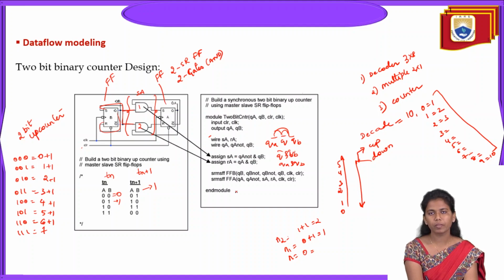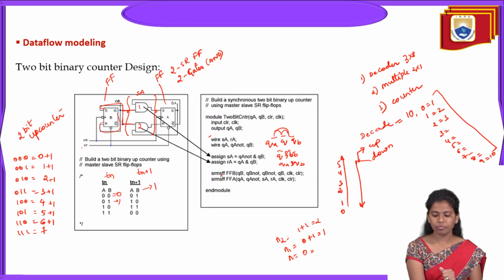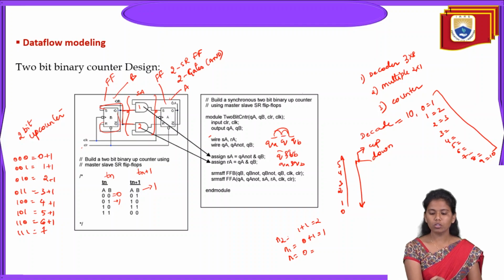After assigning, what I am doing is the flip-flops. The R and S flip-flops, the flip-flop with respect to B and the flip-flop with respect to A. Now I am mentioning the port list that I can consider. With respect to B, I can go with QB, QB naught and QB, clock and clear.